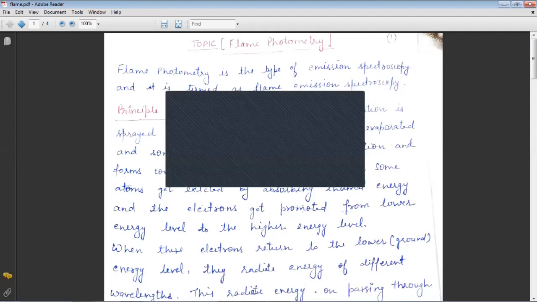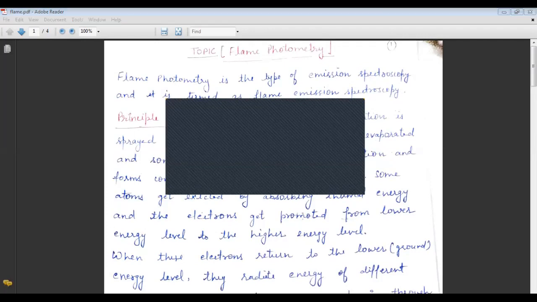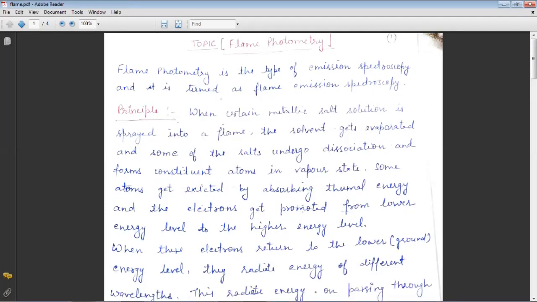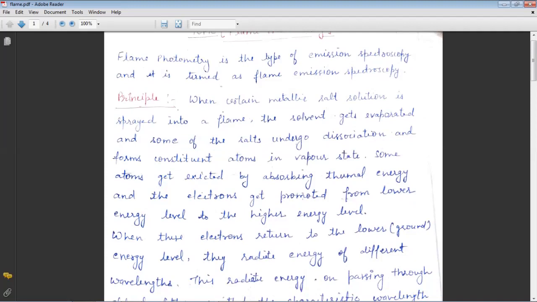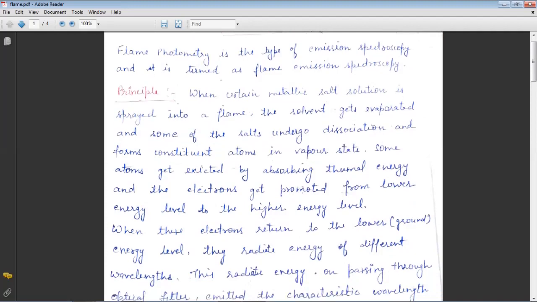Here we are talking about the principle: when a certain metallic salt solution is sprayed into a flame, the solvent gets evaporated and some of the salts undergo dissociation and form constituent atoms in the vapor state.